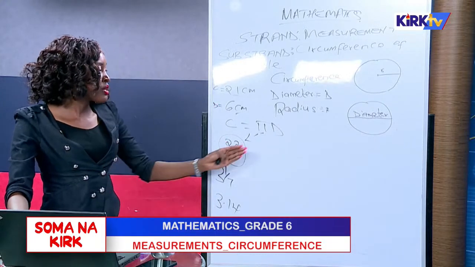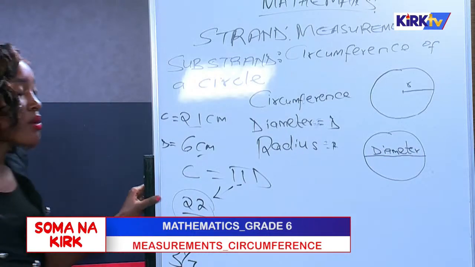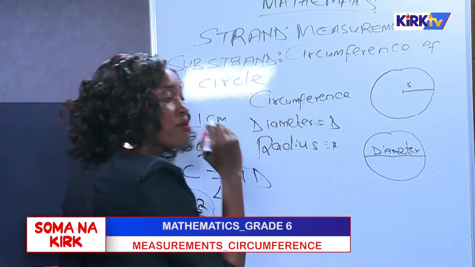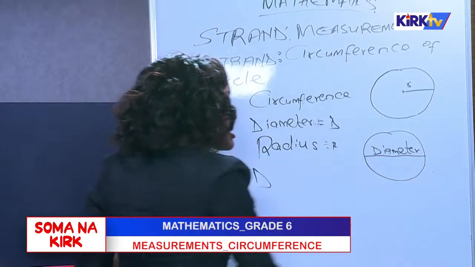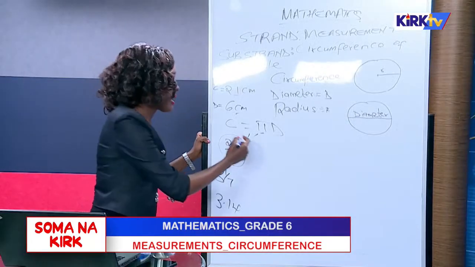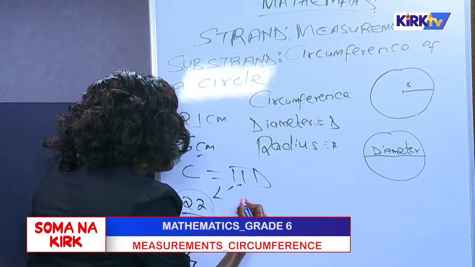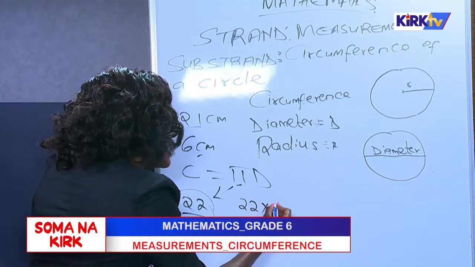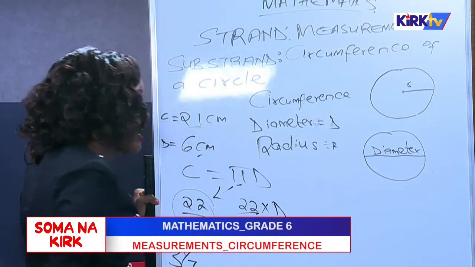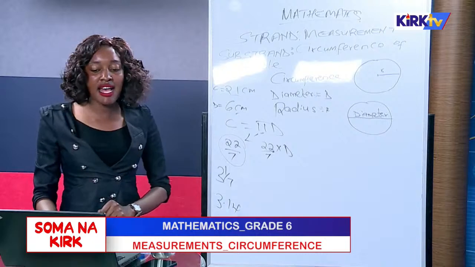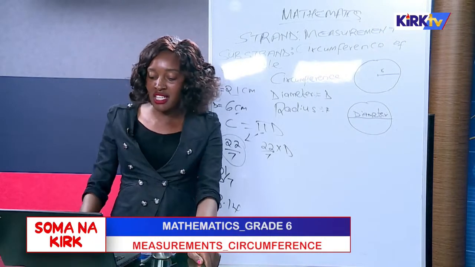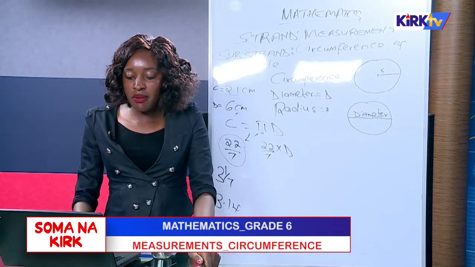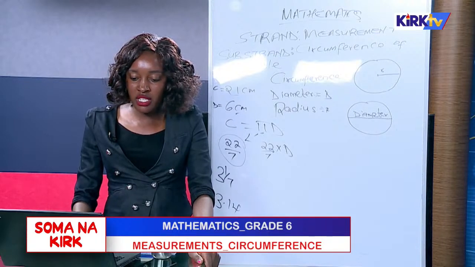When you talk of diameter, we've said that is the line that runs across the circle, all right? So, pi, 22 over 7, times the diameter, and then you get the circumference. Are we together?